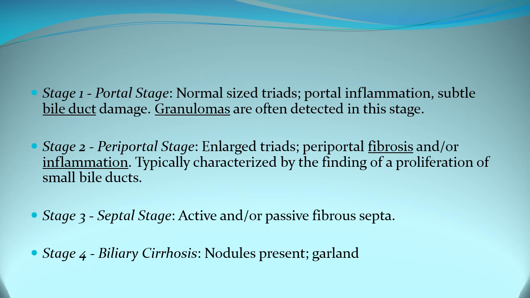In the third stage, the septal stage, there are active or passive fibrous septa. Then nodularity appears in stage 4, biliary cirrhosis. Because these are small micronodular cirrhosis, it appears as a garland.